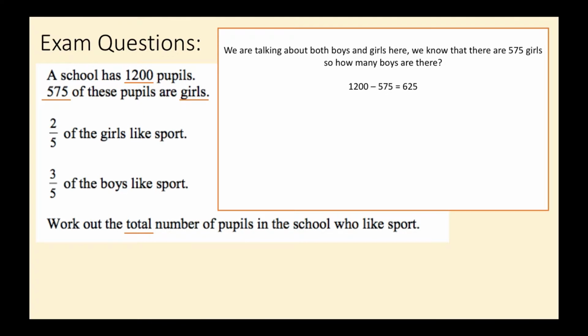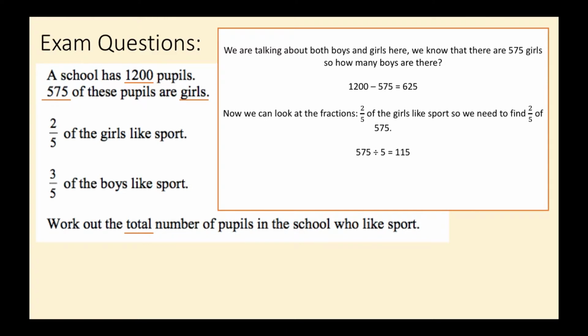Now it says that 2/5 of the girls like sports. So we need to find 2/5 of 575. So we need to do 575 divided by the bottom number, which is 5, and that gives us 115.